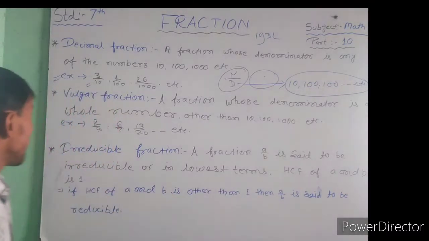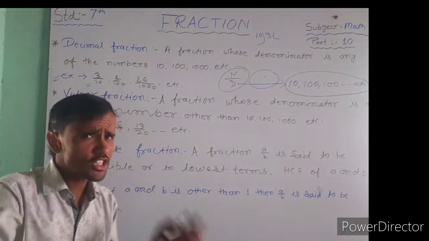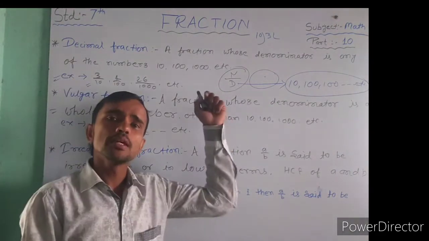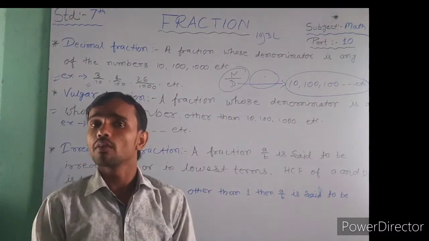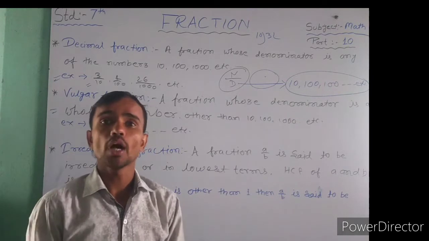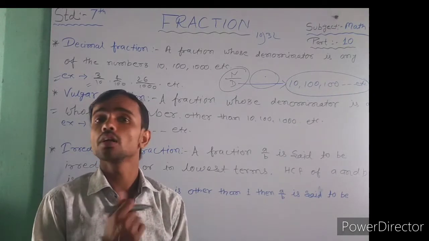Next topic, vulgar fraction. What is a vulgar fraction? It is the opposite of a decimal fraction. If it comes in your exam, write the definition of a vulgar fraction.